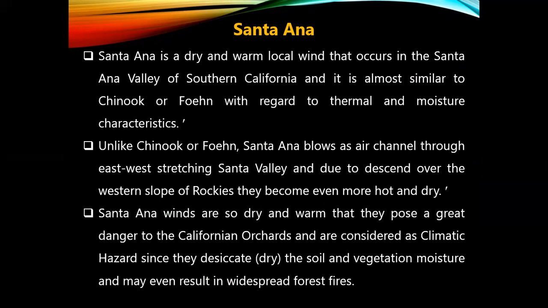Unlike Chinook or Foehn, Santa Ana blows as air channeled through the east-west stretching Santa Ana Valley, and due to the descending over the western slopes of the Rockies, they become even more hot and dry.